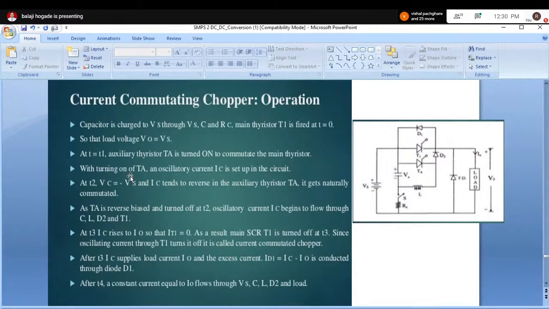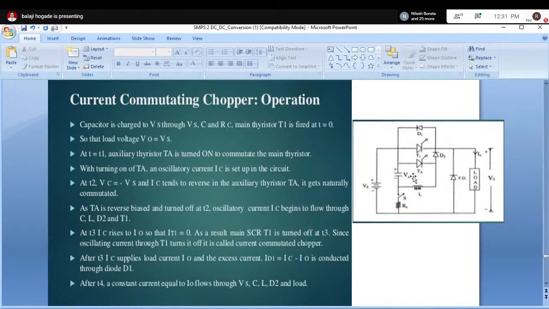With turning on TA, an oscillatory current IC is set up in the circuit. When this auxiliary SCR is turned on, because of this inductor, the current will flow through L and C. So it forms a resonant circuit, a tank circuit.